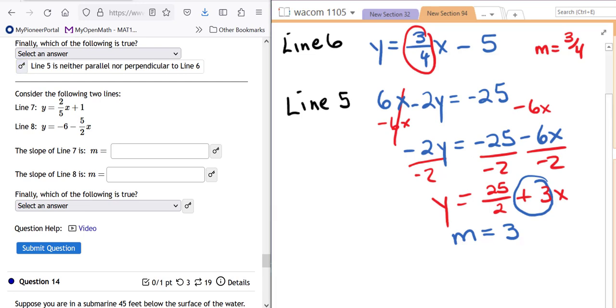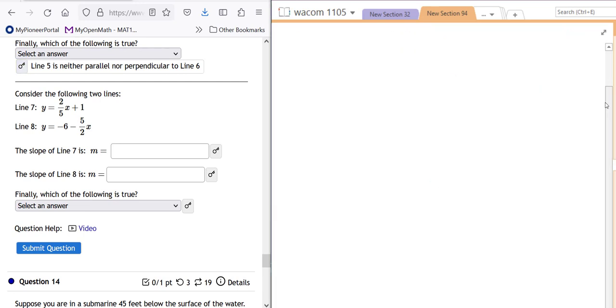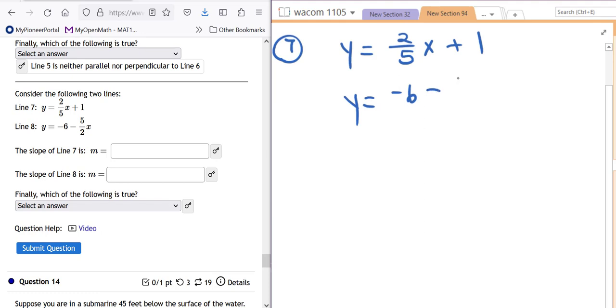We'll look at this one because we don't have to do any work. So y equals 2/5 x plus 1, and y equals -6 minus 5/2 x. So your y is isolated in both cases. You can read off your slope, even if they're turned around.